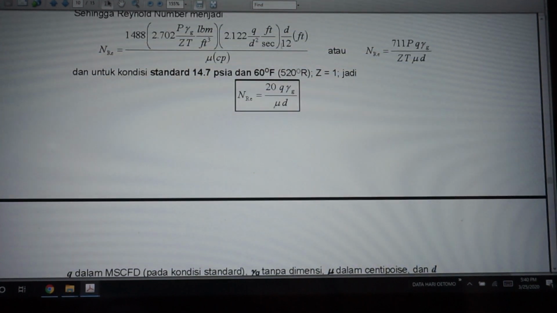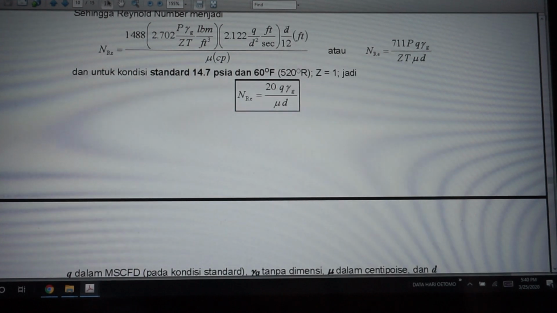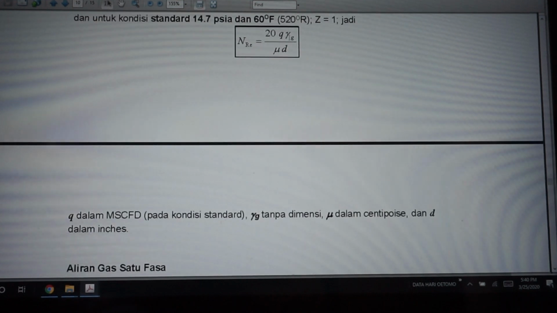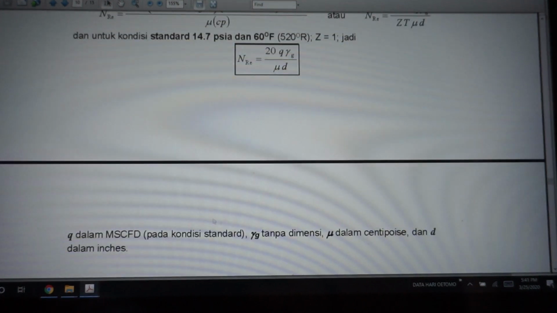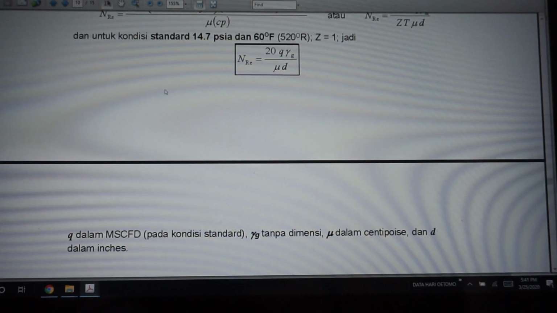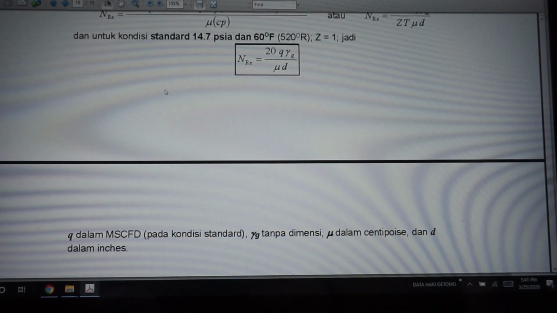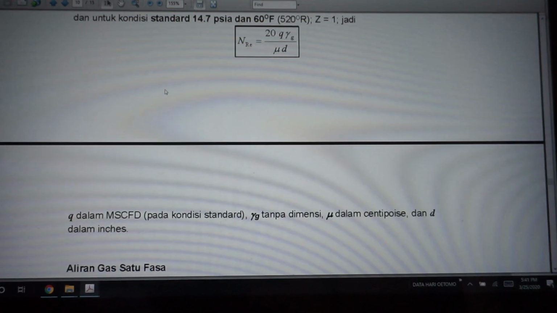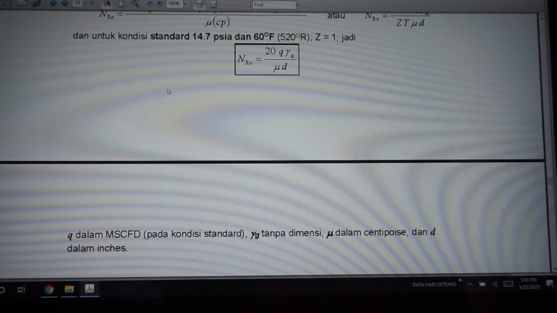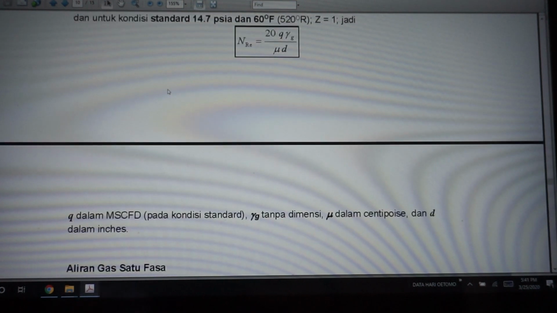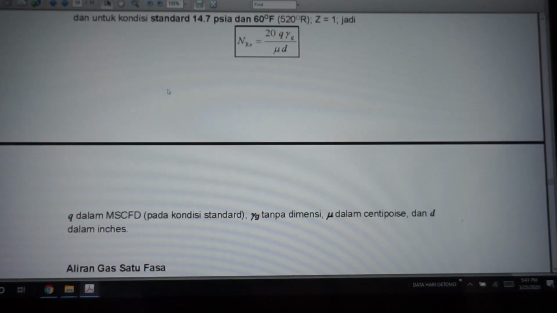So remember that divided by 12, the D in here is inches. So the D in here is inches, okay? Remember that the D is in inches. So remember the unit. It is important. I might deduct your grade, your score, on the exam or the homework, if you don't put a unit on it.